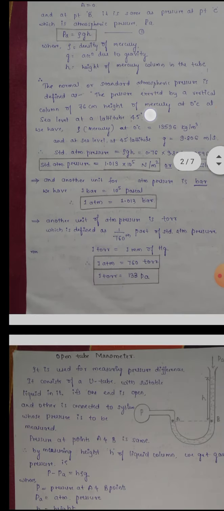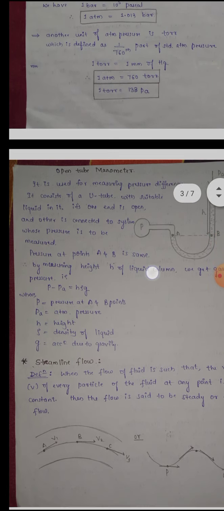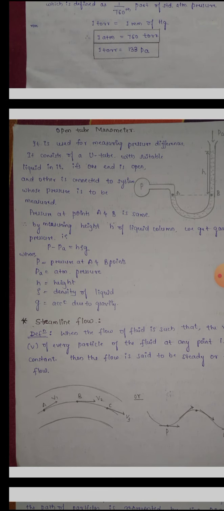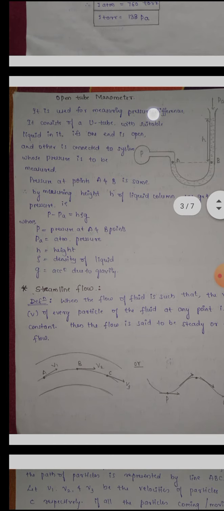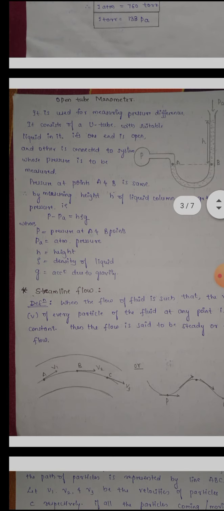So in gauge pressure we are mainly determining the differences in the pressures. So the open tube manometer is the instrument used for the determination of gauge pressure, for measuring the pressure differences.